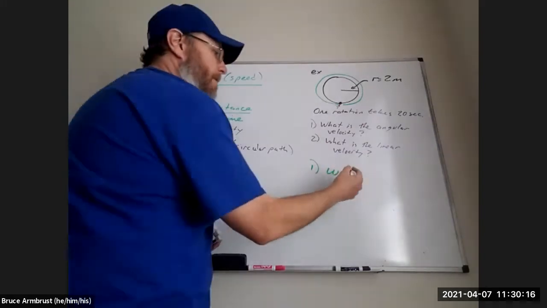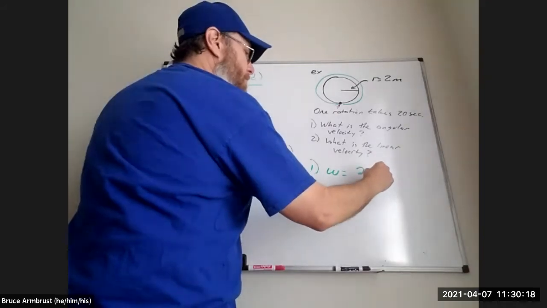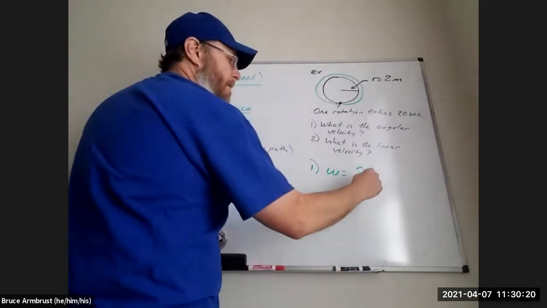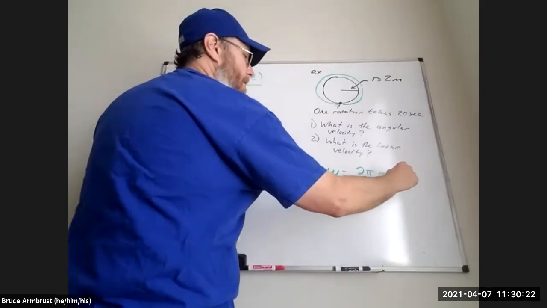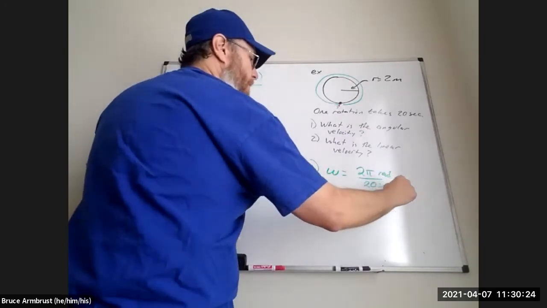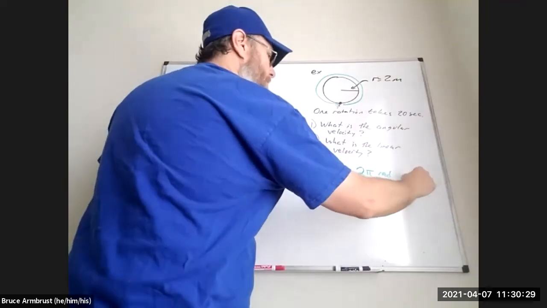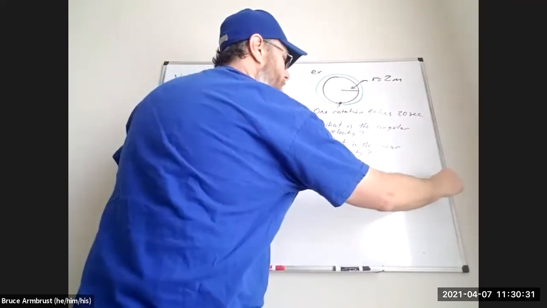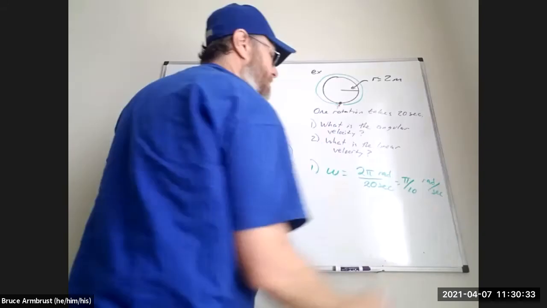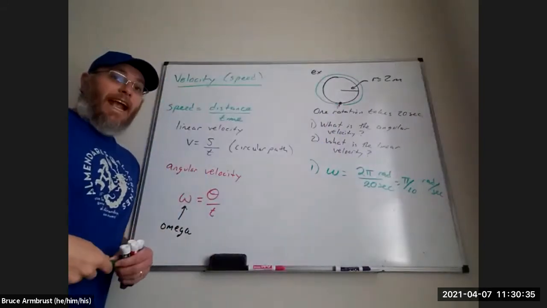So we're going to go with the fact that we do one rotation, so 2 pi radians every 20 seconds. So that's going to be pi over 10 radians per second. So that's our angular velocity.